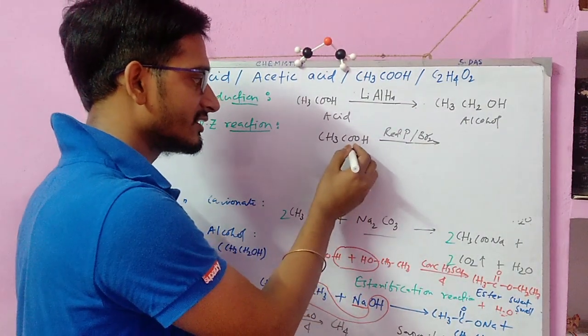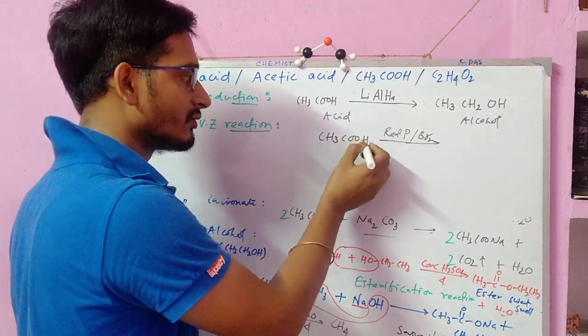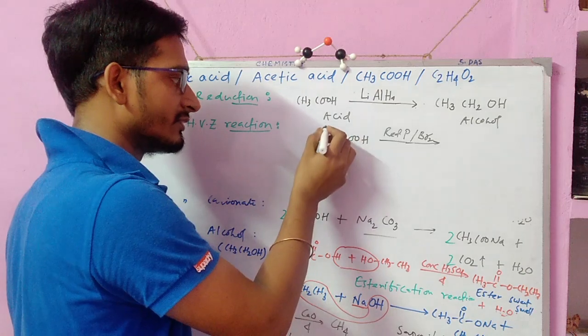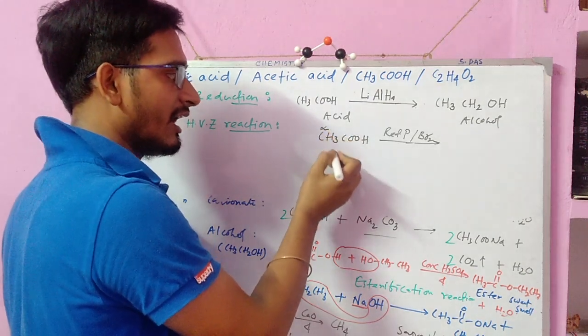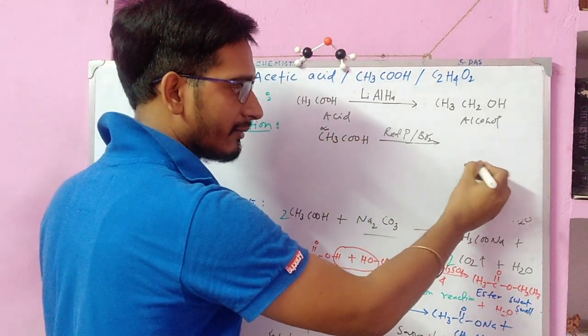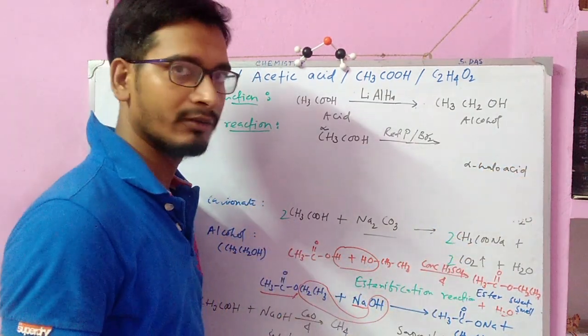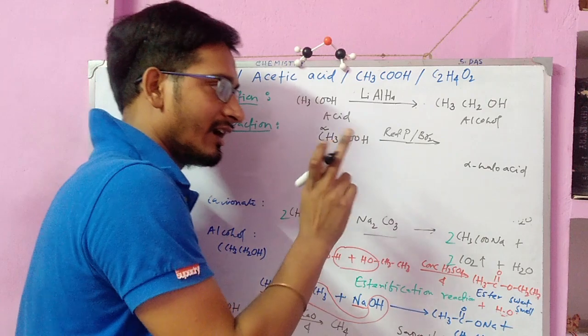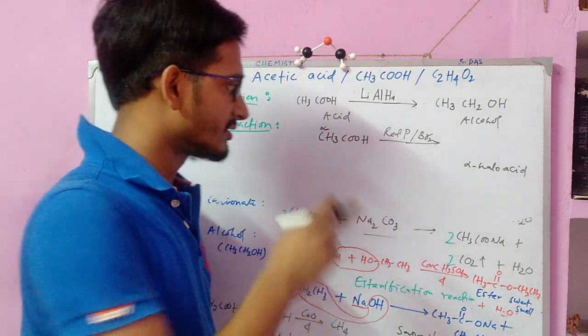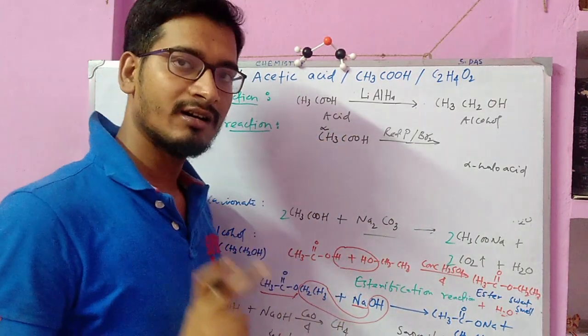This is acetic acid and this is the functional group. With respect to the functional group, this is the alpha carbon and the product will be alpha halo acid. That means one halogen atom will be placed in the alpha carbon.